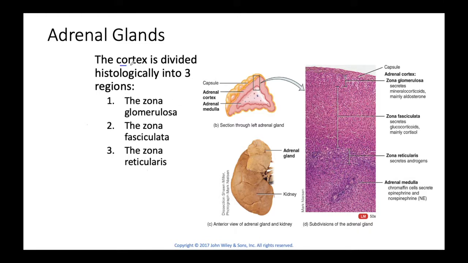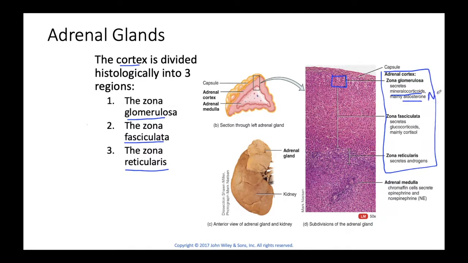So the cortex is divided into three regions: the zona glomerulosa, which is the most superficial, the zona fasciculata, which is the middle layer, and then the zona reticularis, which is the deepest. These three portions here are part of the adrenal cortex. The zona glomerulosa, this portion from here to here, is going to secrete the mineral corticoids, mainly aldosterone.